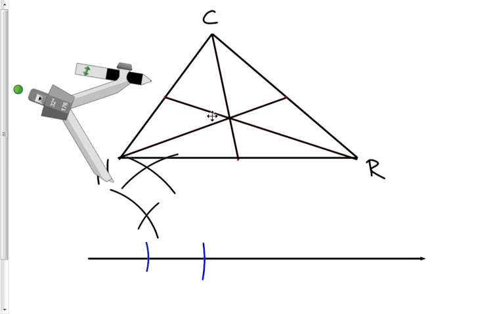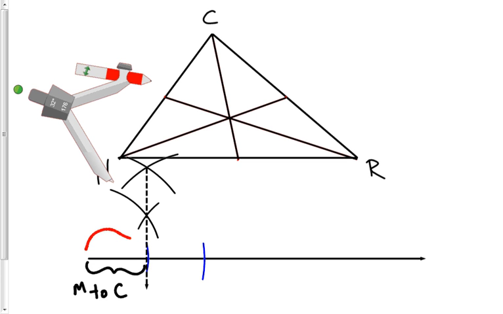There we go. Remember that my compass wasn't exact on the one, but if I put this right through there, look at that. It's perfect. Well, almost perfect, right? So what we're seeing here is the distance. Remember, this distance was from the midpoint, I'll call it M, to the centroid.